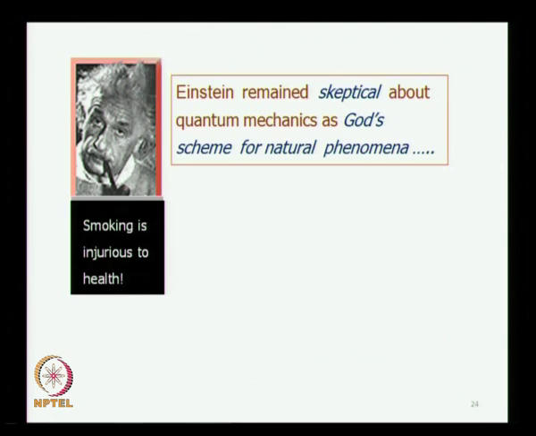So, he went on to say that God does not play dice, and there are these famous 1927 debates between Einstein and Bohr, which Bohr always won hands down, and he found fallacy in Einstein's arguments and convinced him that yes, probabilistic nature is intrinsic to quantum mechanics and there is nothing wrong about it.